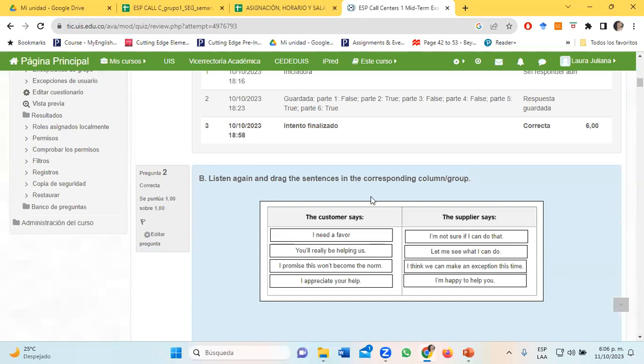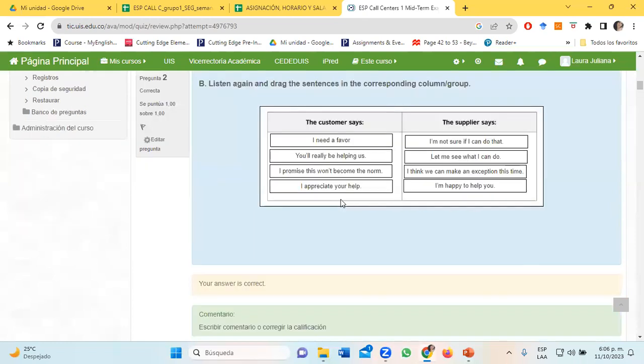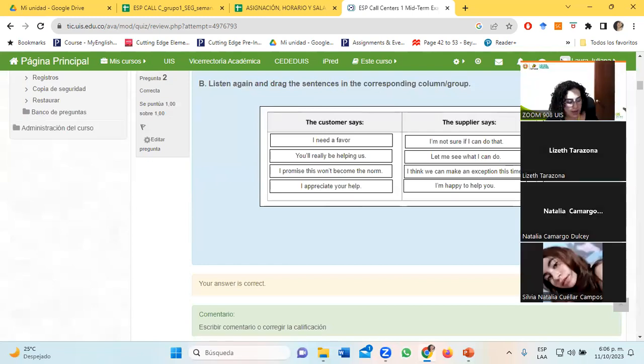Now let's check part 2. Here in this part, I don't know if you noticed yesterday when you were checking the exam, but there was an issue with the grading of this point. According to the chart, there was a specific order to put the sentences.